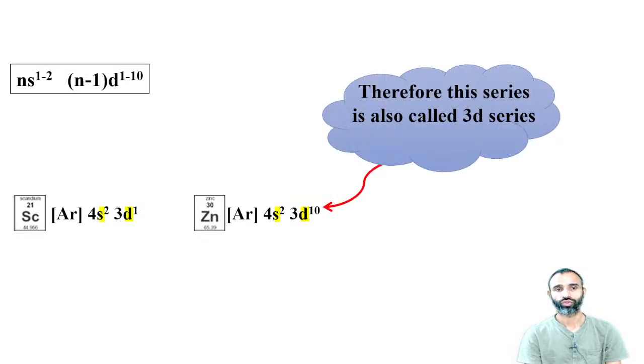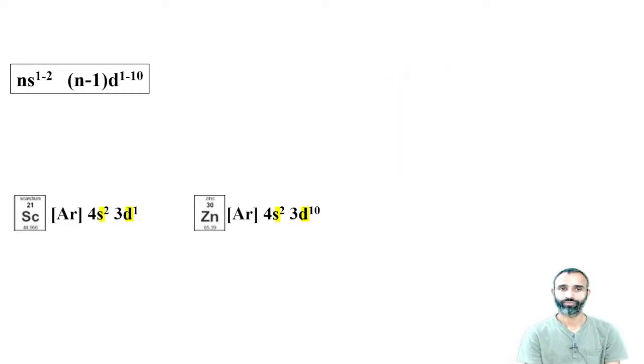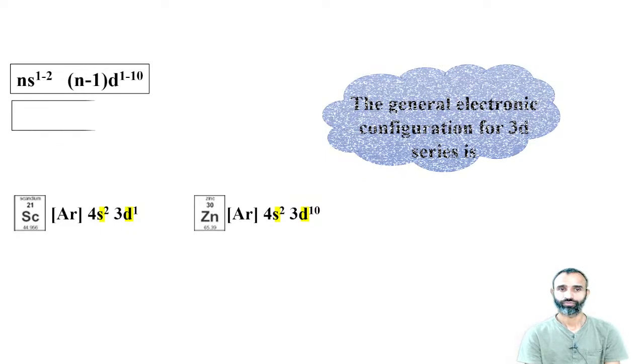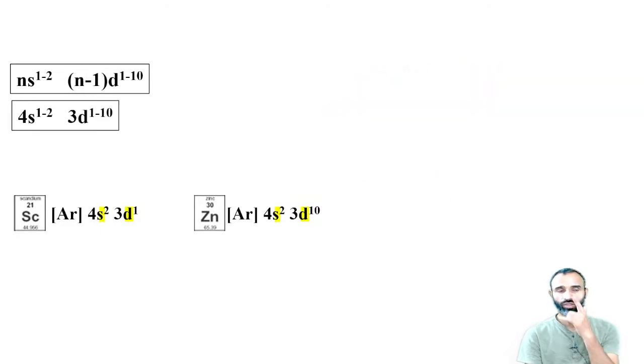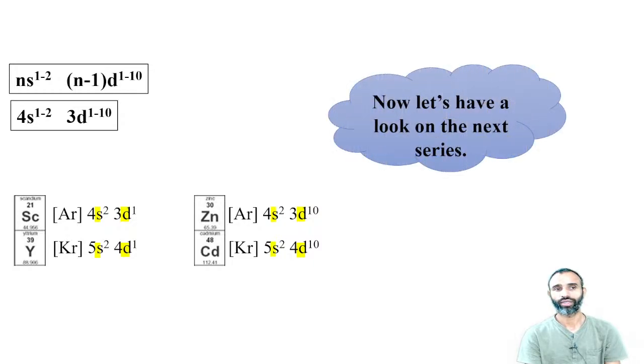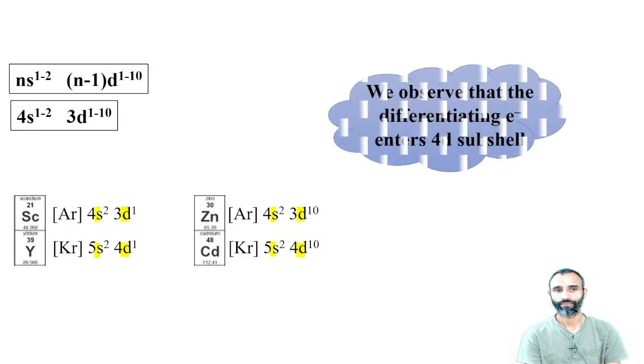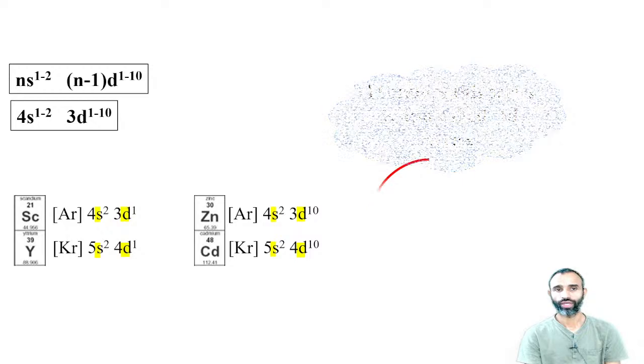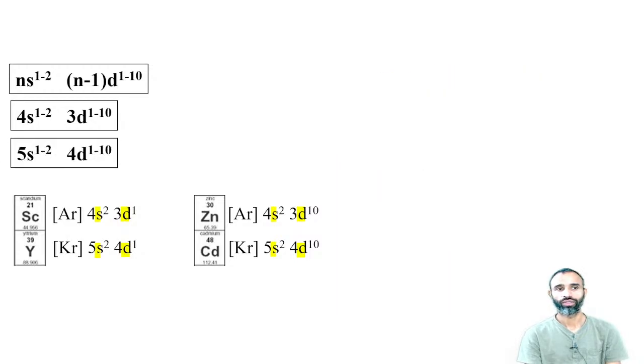Why do we call it the 3D series? Because the last electron enters the 3D. The general electronic configuration of the 3D series is 4s 1 to 2, 3D 1 to 10. In 4D it is 5s 1 to 2, 4D 1 to 10.